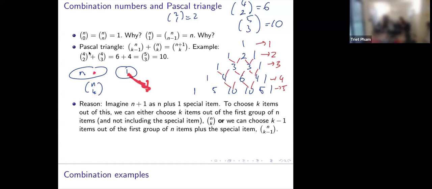And the remaining k minus 1 items come from this group. Together, that gives the total number of ways you can choose k items out of n plus 1 items. So that's why these two are equal. But like I said, in terms of recursion, it tells you how to move from layer n to layer n plus 1 in the Pascal triangle. Any question about this?